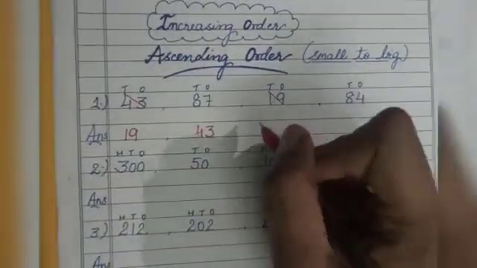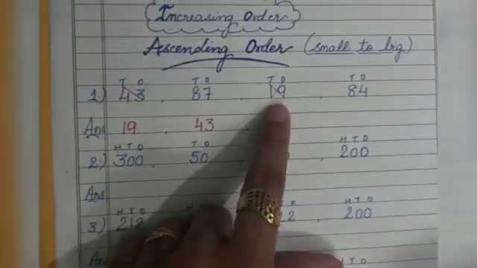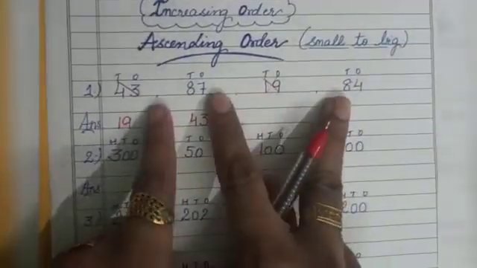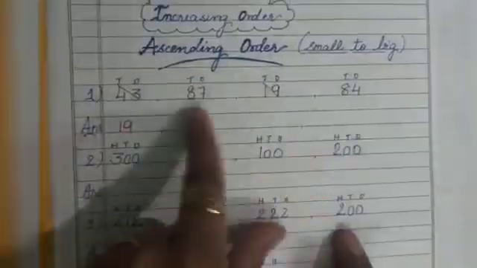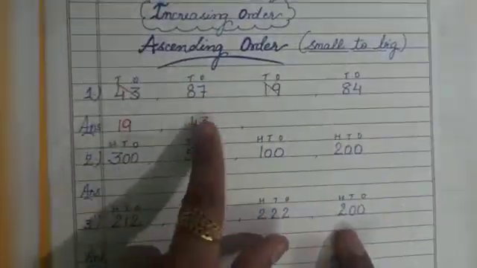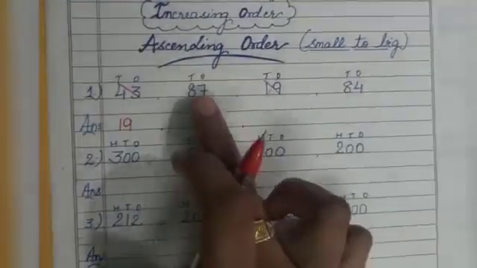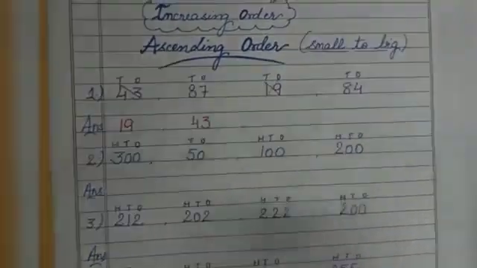Now I'm left with 2 options. Children, after crossing, it becomes very easy for me to see that these are the 2 options left. If you don't cross, then again and again you will go through the same numbers and you will get confused, and there are chances that you will write the same number again which you have already written.